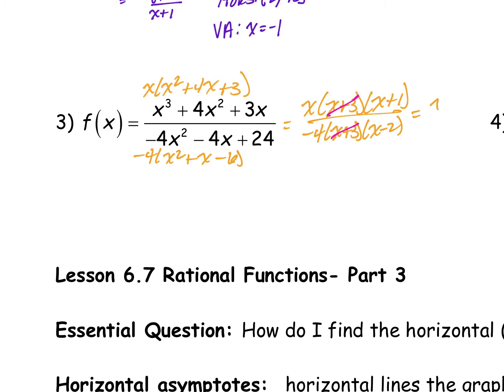So I think this is going to be x times x plus 1 over -4 times x minus 2. So I have a hole at -3, 3/10, and my vertical asymptote is x equals 2.